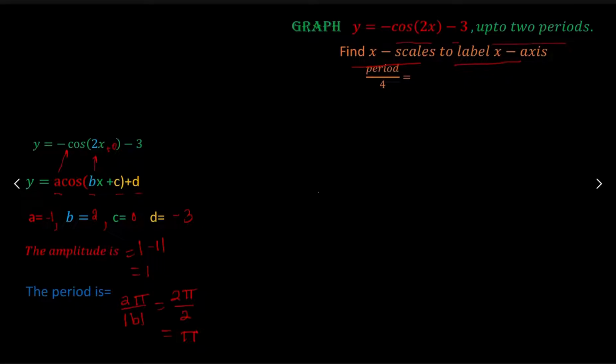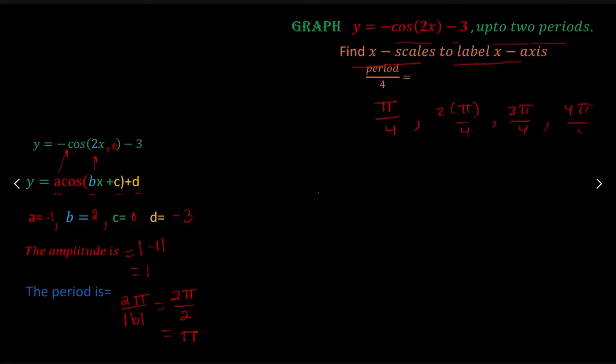So the period is going to be pi in our case, and we're going to divide it by 4. Then you say 1 pi over 4, 2 pi over 4, 3 pi over 4, and then 4 pi over 4.